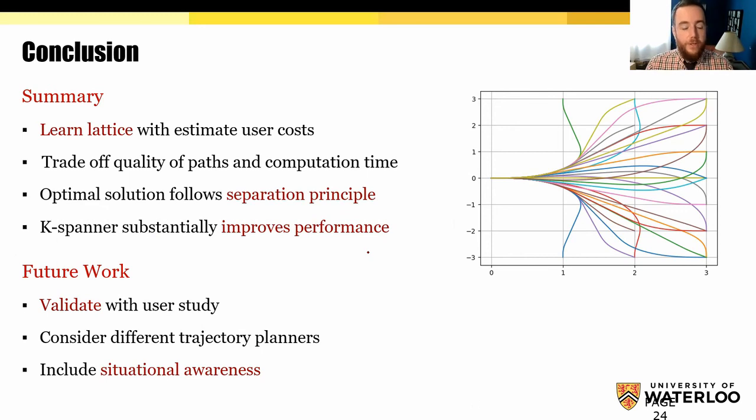We then consider a trade-off of path quality and path computation time, and we see that following our separation principle of estimating W first and then computing a minimum k-spanning control set, we can substantially improve performance while keeping the error quite low. In future, we would like to validate our work using a user study.